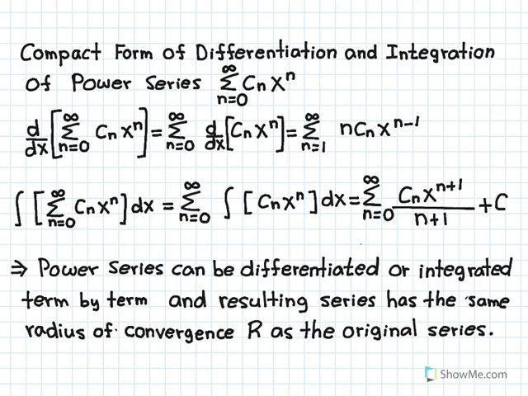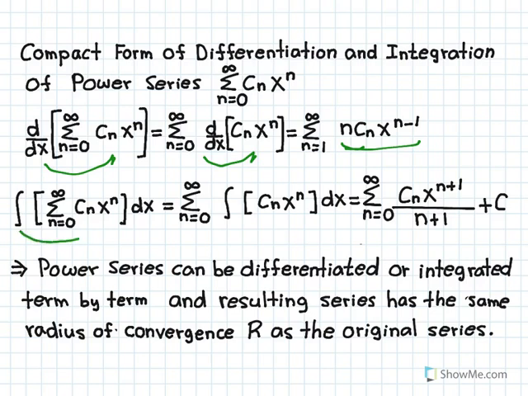All right, let's do a bit of review. So here we have the compact form of the differentiation and integration of the power series. If we have the derivative of a sum, that's the sum of the derivatives. That means you can bring the derivative inside the summation and apply the power rule, so we get n times c sub n, x to the power of n minus 1. Similarly, we can integrate: the integral of a sum is the sum of the integrals.